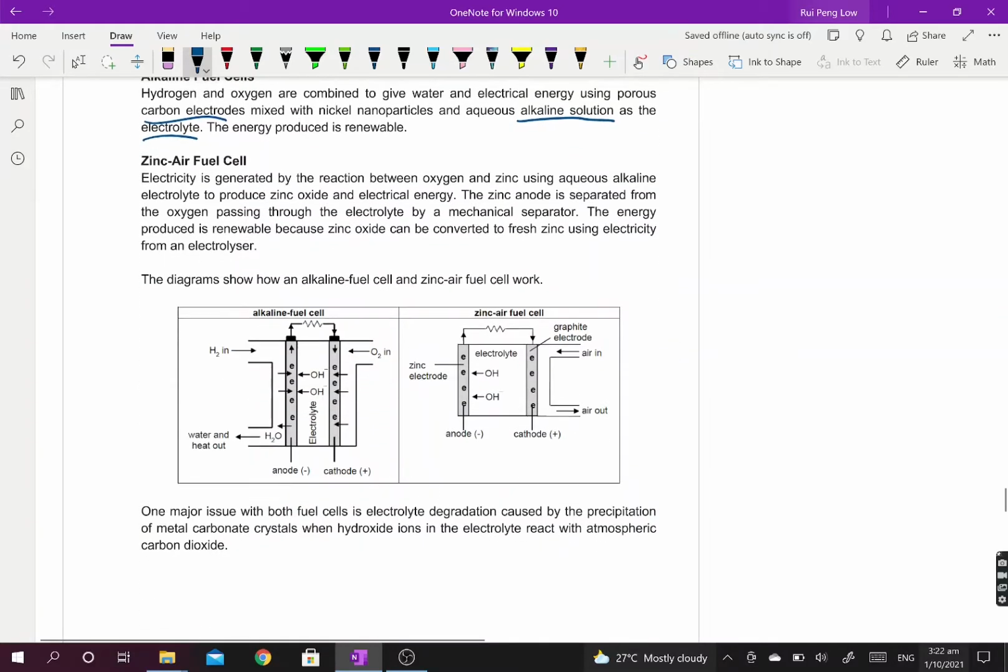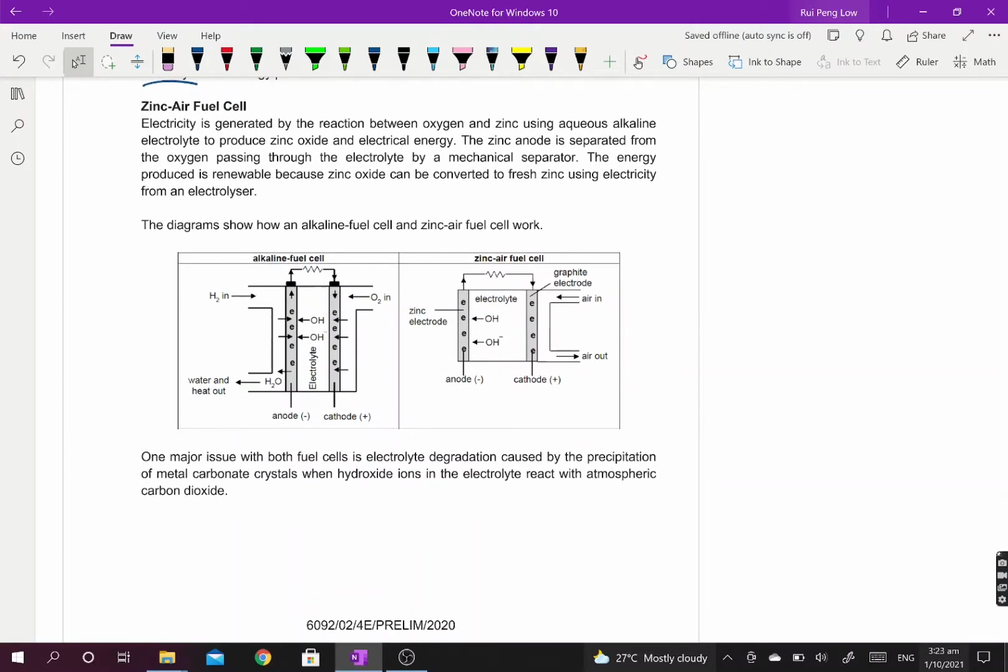Okay, and then we have the diagram, and they say one major issue with both fuel cells is electrolyte degradation caused by precipitation of metal carbonate crystals when hydroxide ions in the electrolyte react with atmospheric carbon dioxide.